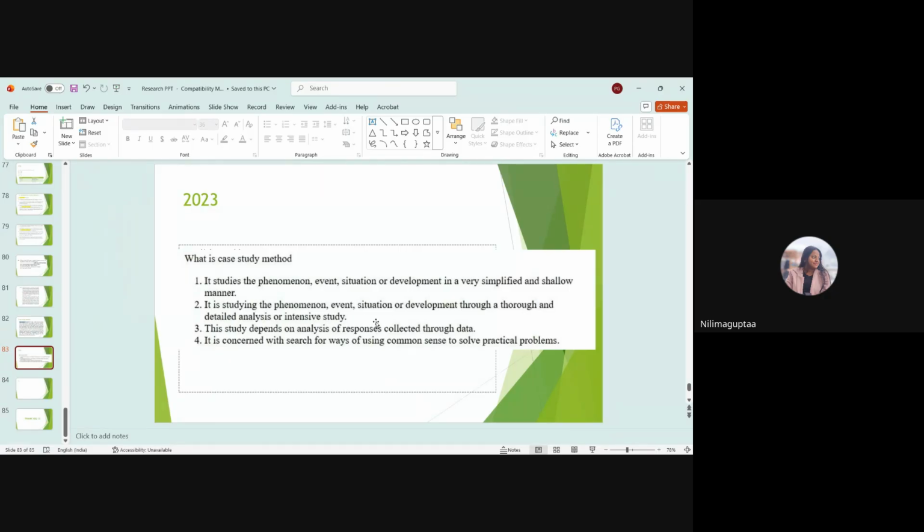It's not a shallow study, but an intensive study. And if it is a more intensive study, when they talk about the whole life and connecting all the angles associated with that life, that is called clinical research. That's a very small difference between clinical and case study method.